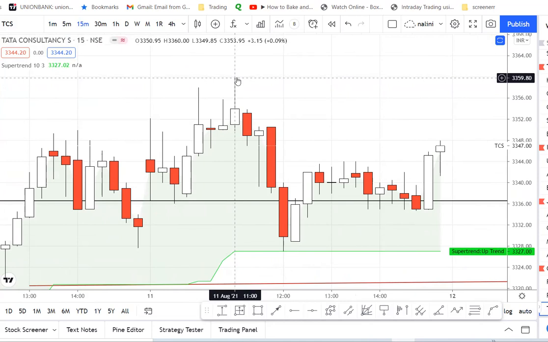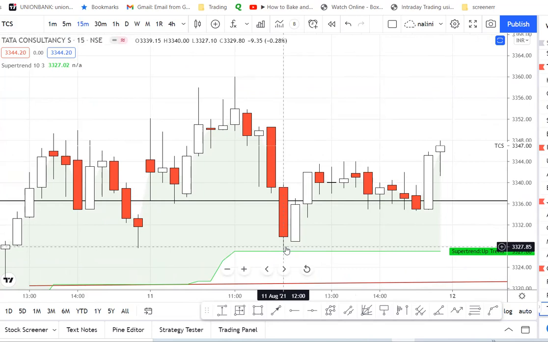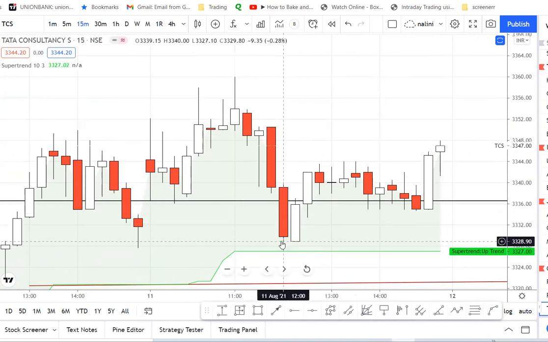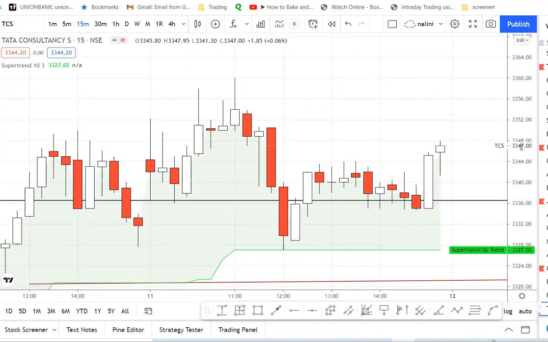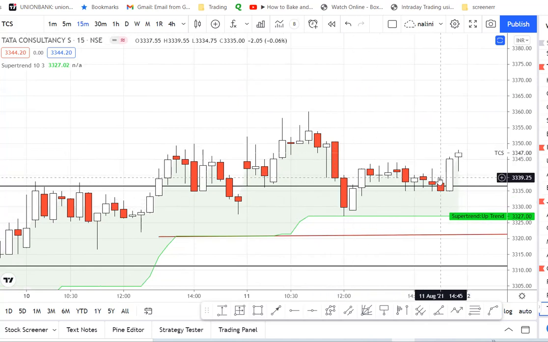Suppose you have sold at this place, on a reversal or retracement, 3359, you can anticipate price to bounce off from this area. 3359 to 3327, so around 20 points you can get if you sold here. In this way, you can anticipate the support in advance. You can make out the support, the targets, and you can cover your shorts also.